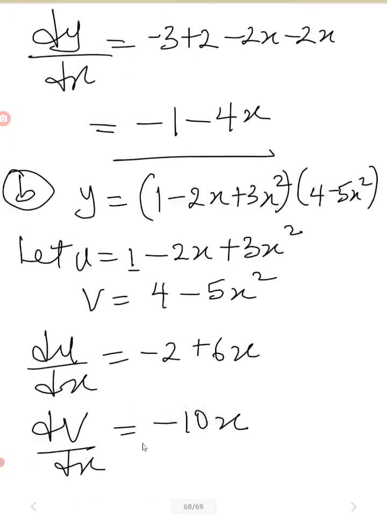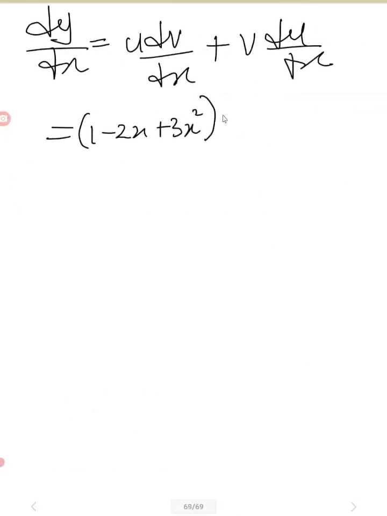So what is dv/dx? It is minus 10x. Because we are at the elementary stage, let's write it out, multiplied by minus 10x.